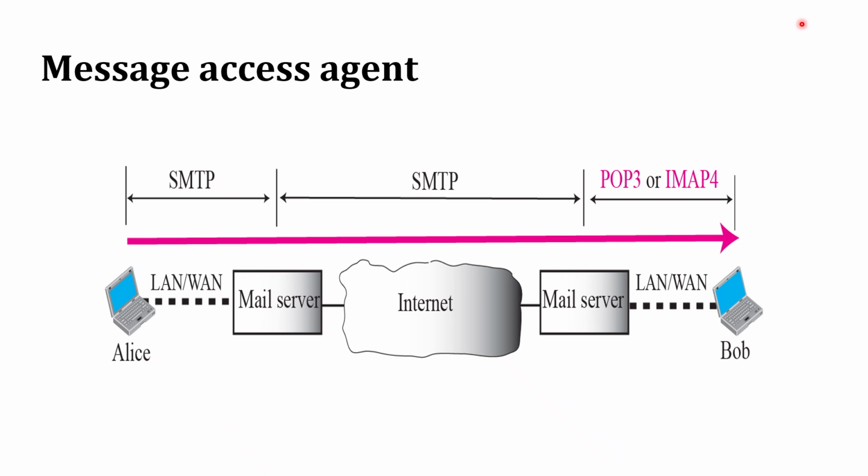Currently, there are two main message access protocols: POP3, Post Office Protocol version 3, for simple download and local storage of emails, and IMAP4, Internet Message Access Protocol version 4, for accessing and managing messages while keeping them on the server, allowing synchronization across multiple devices.